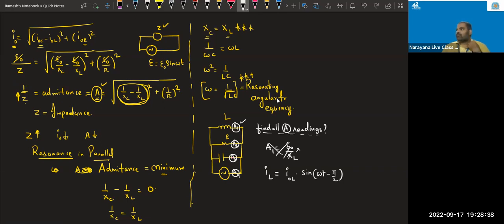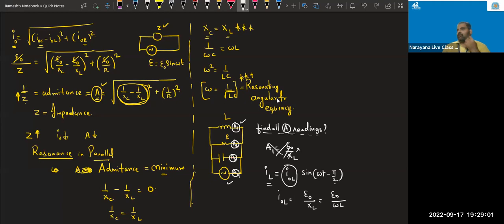This step understood, everyone? Our reference is applied EMF only, so that current is lagger only, na? That's why I kept 90 degree. This is the peak current. What is the peak current formula? Peak EMF by XL, that is E naught by XL. XL value how much?